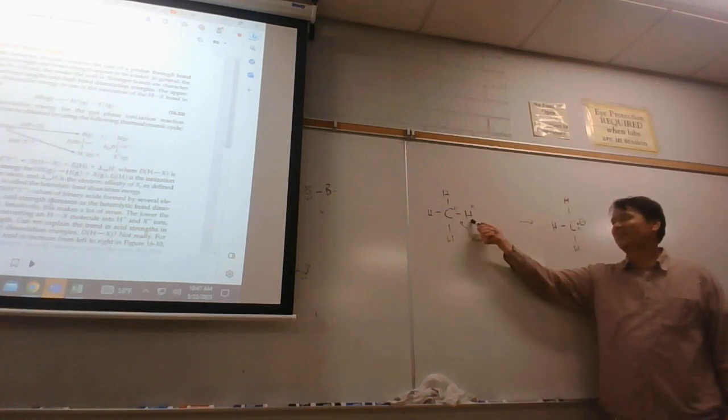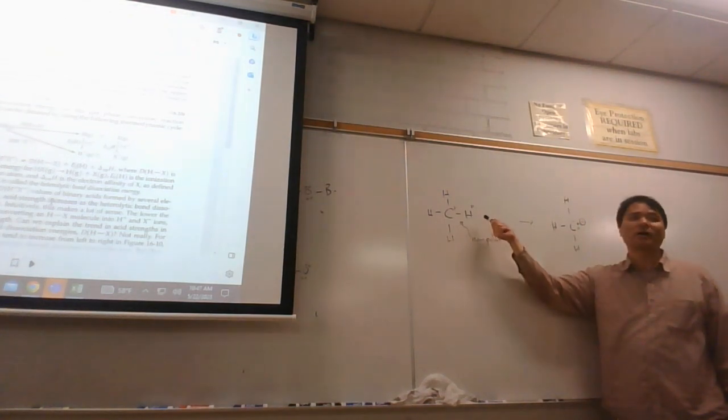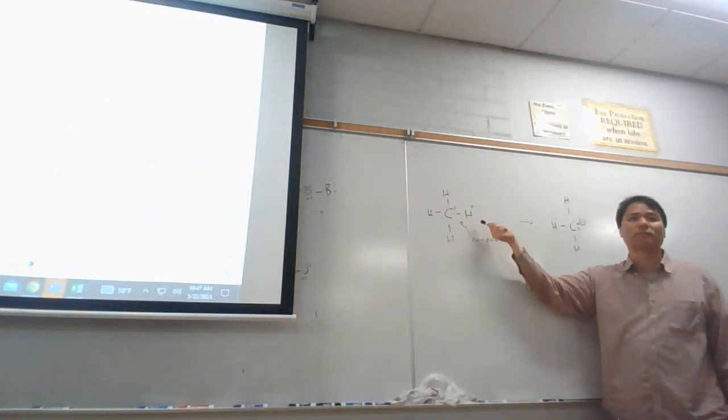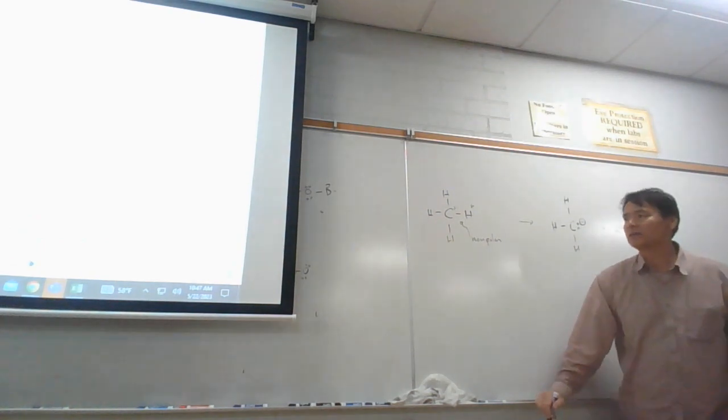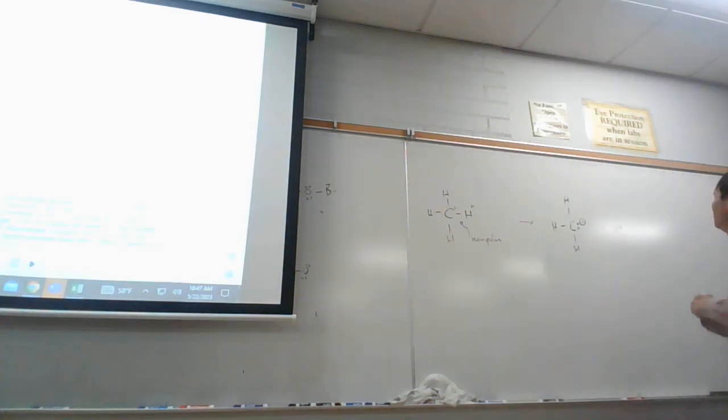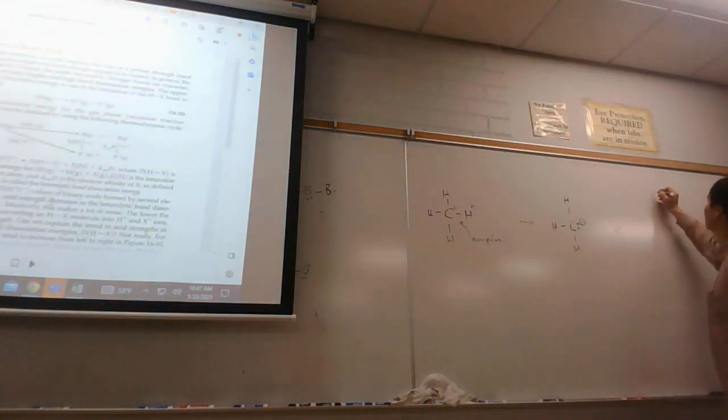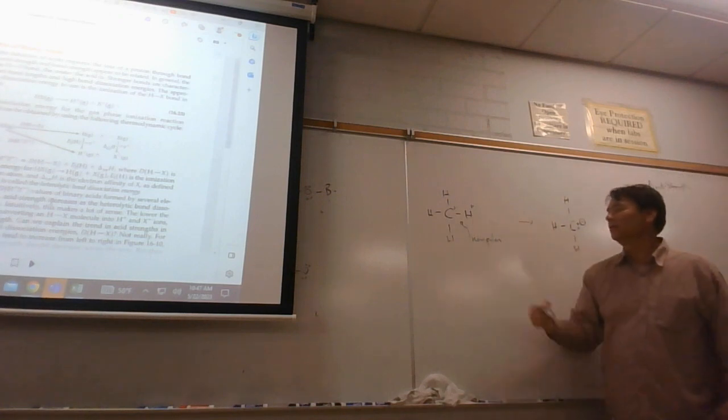So number one, a lot of bases aren't going to be attracted to this hydrogen. It just doesn't have enough positive charge on it. And so acid strength is going to depend on a number of things. Surprisingly, it's not only that.